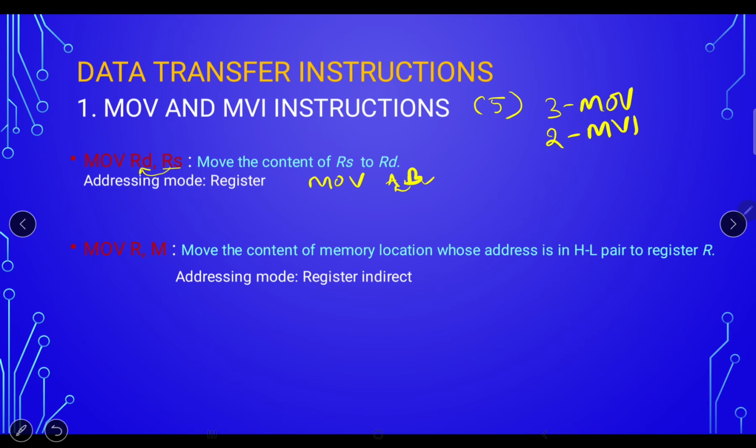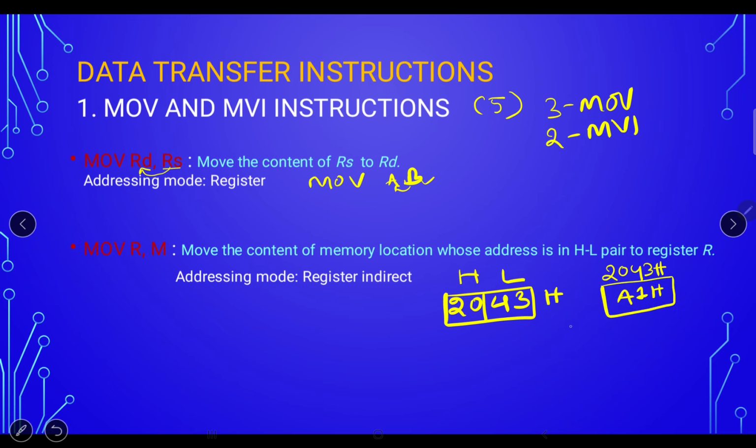Coming to the next one, that is MOV R, M. Here the content of the memory location whose address is in the HL pair is moved to the register R. So suppose HL contains the data 2043H and at location 2043, suppose the data stored is A1H.